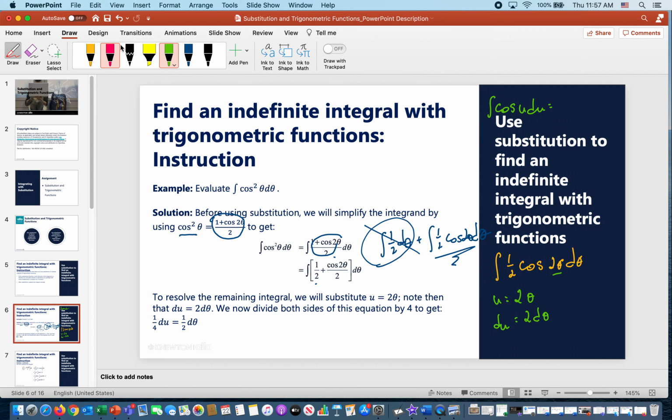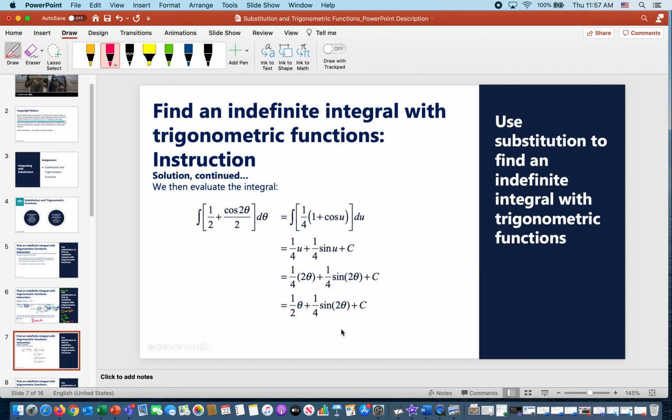If I go back in and make those substitutions, I've got the integral of 1/2 cosine u, and then d theta is going to equal du over 2, right? So we're going to take out d theta and put du over 2. You can see where this 1/2 and this over 2 combine to give me a 1/4. So our resulting integral is going to look like this, 1/4 cosine u du.